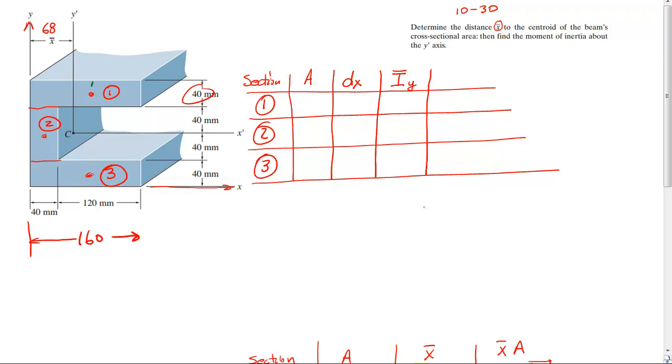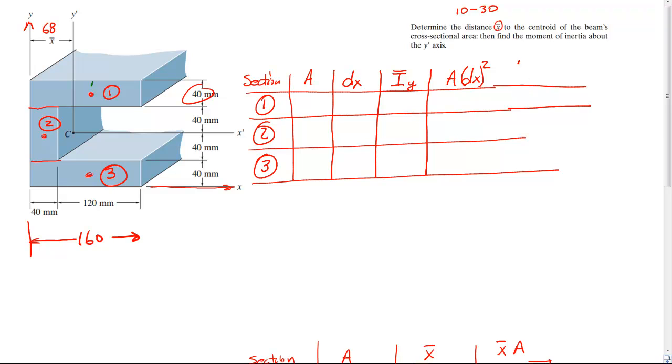And then, believe it or not, I'll take the area times the dx there, but I will need to square that.